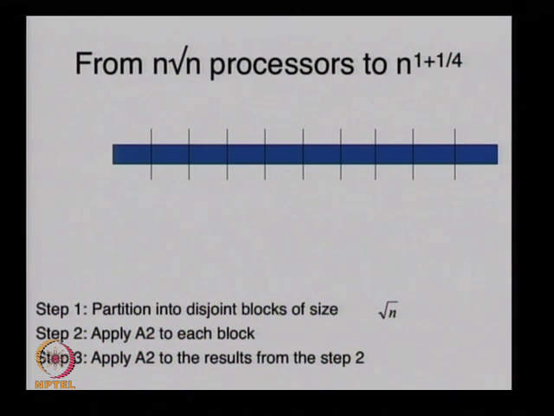Suppose we still break the list into root n things, root n sized each, and instead of applying the original algorithm, we applied the n root n algorithm on it. So instead of taking the square of the number of processors, it takes the number of processors times the root of the number of processors. So what's going to happen?